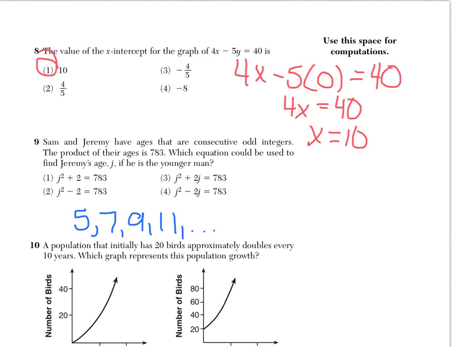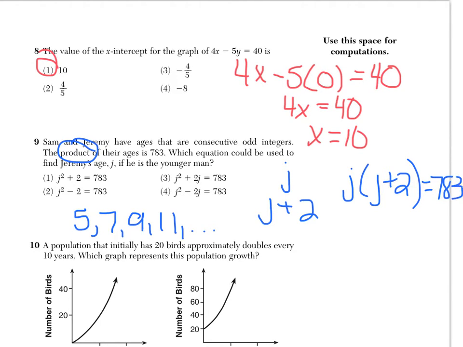So if Jeremy, his age is represented with j, Sam's age must be j plus 2. So we know that their product is 783, and product means multiply. So j times j plus 2 has to equal 783.